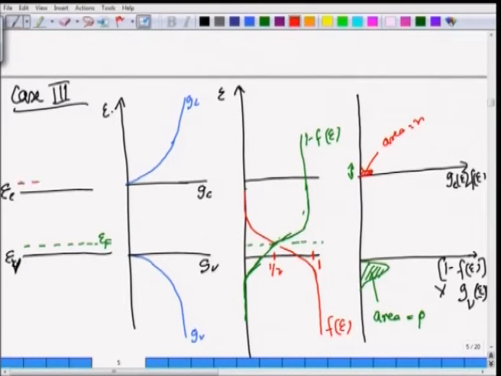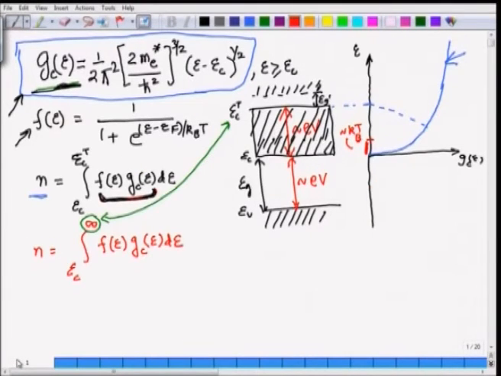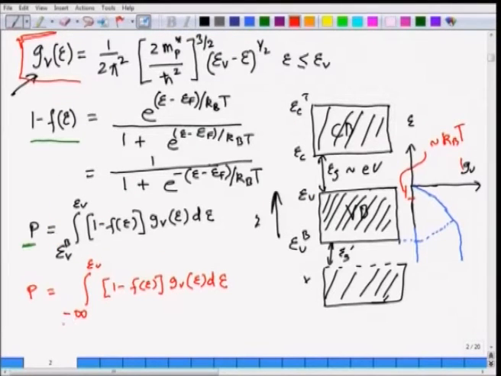In the small region right here electrons live, and in a small region holes live. Electrons and holes live in very small energy ranges. The rest of the part does not matter, which also therefore allowed us to carry out this integration to infinity for n, and to minus infinity for calculating P.